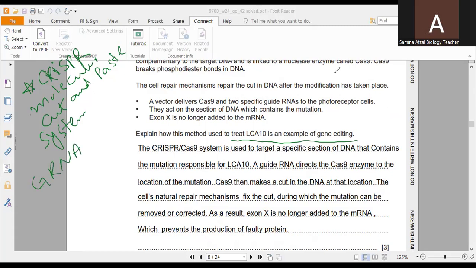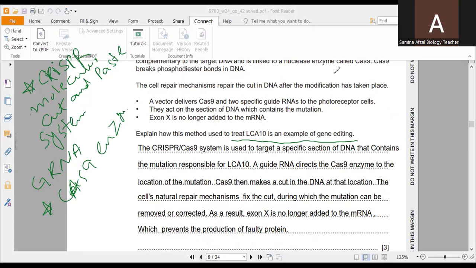This is the RNA that is designed to be complementary to a specific target DNA sequence in the genome. In the context of LCA10, the gRNA would be designed to match the region containing the mutation in the CEP290 gene. Second is the Cas9 enzyme.